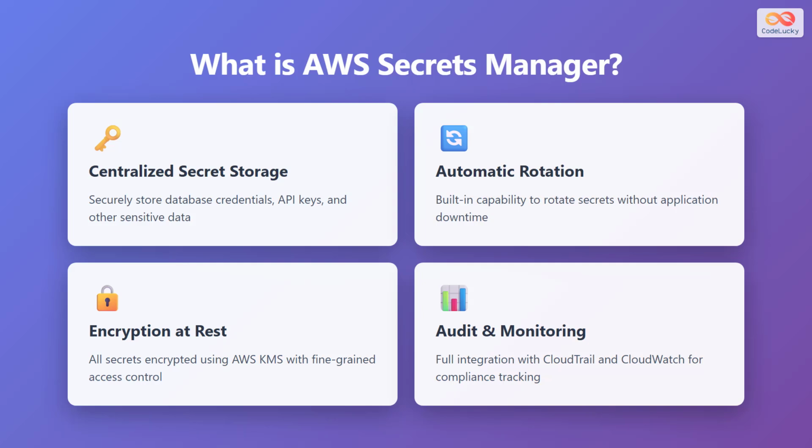All secrets are encrypted at rest using AWS Key Management Service, or KMS, with fine-grained access control through IAM policies. Additionally, Secrets Manager fully integrates with CloudTrail and CloudWatch for audit and monitoring, enabling compliance tracking and security event logging.